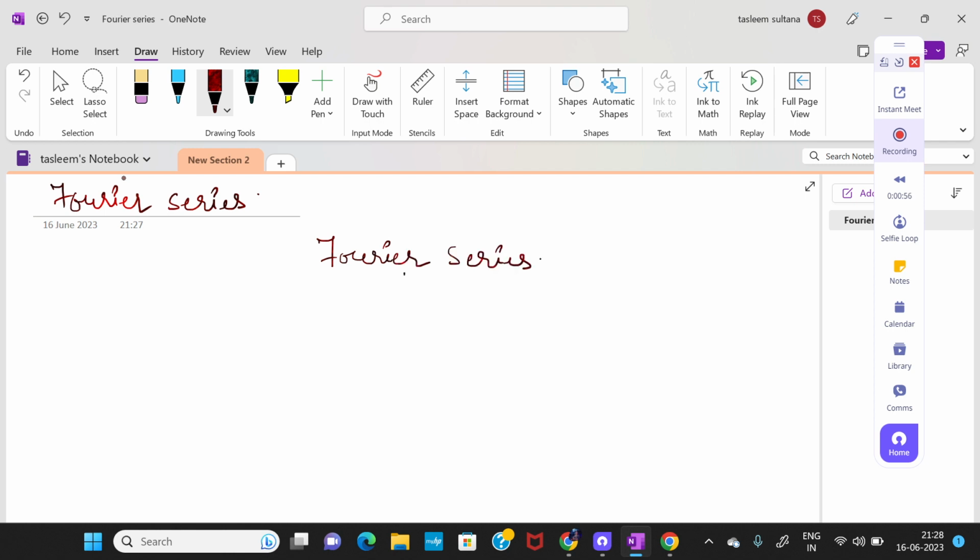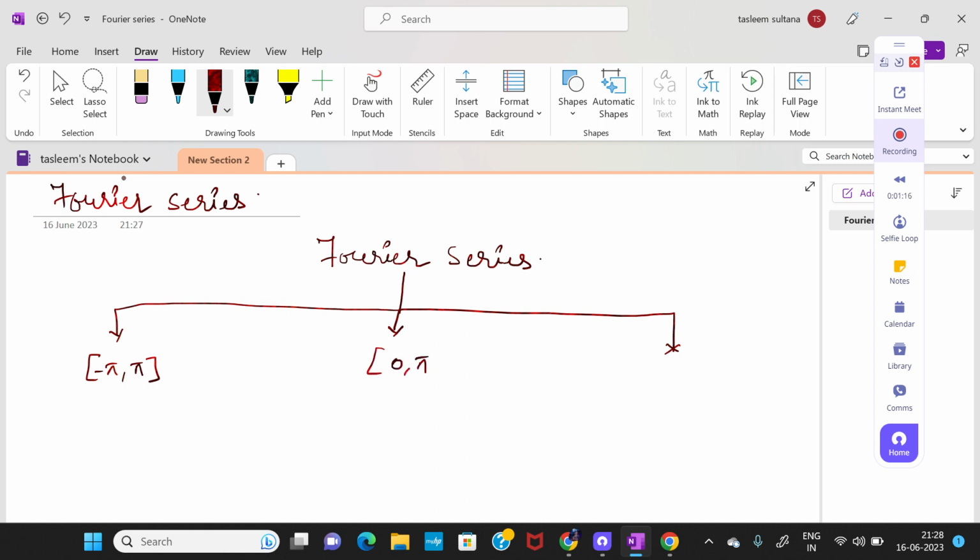The Fourier series is going to be divided into some intervals. You're going to see the problems mostly based on minus pi to pi and 0 to pi, and next 0 to 2 pi.